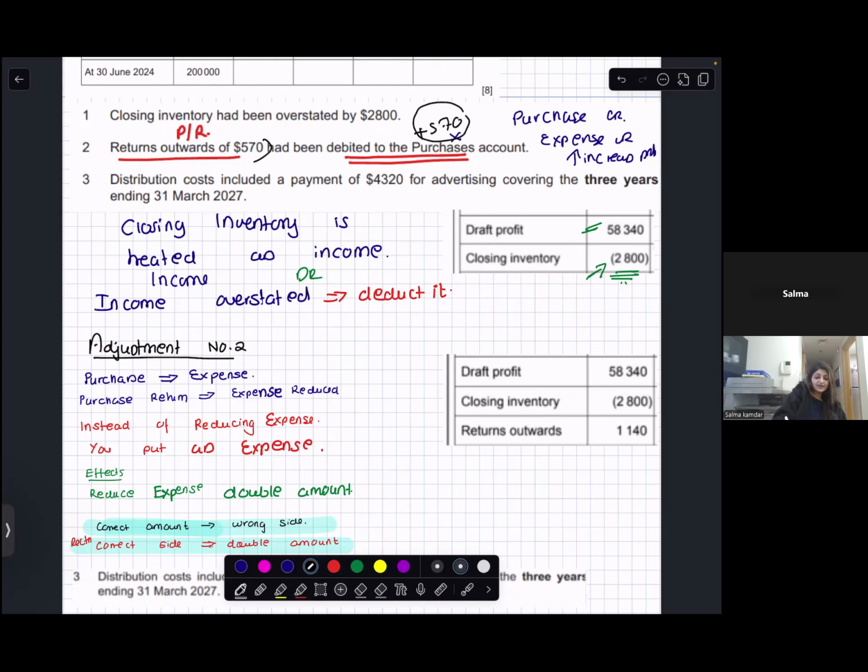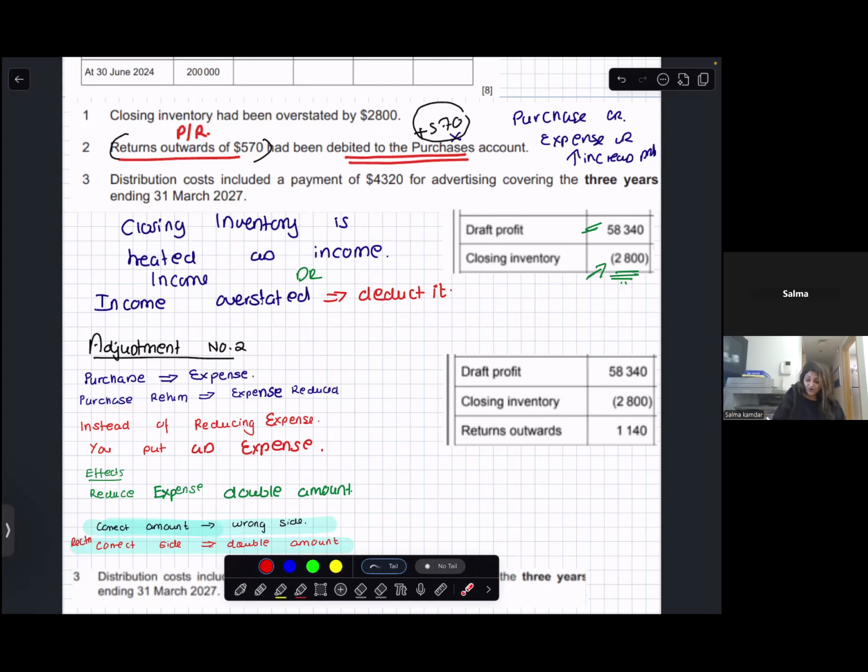But it was actually a return outward. It was actually a purchase return. So I had to actually reduce the expense, which I did not do. So I will do it again. I will do what I did not do.